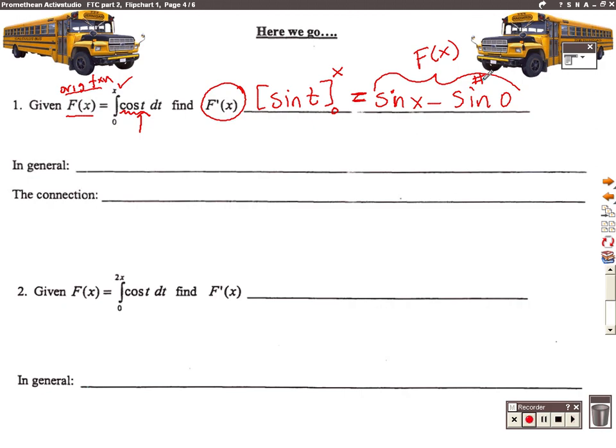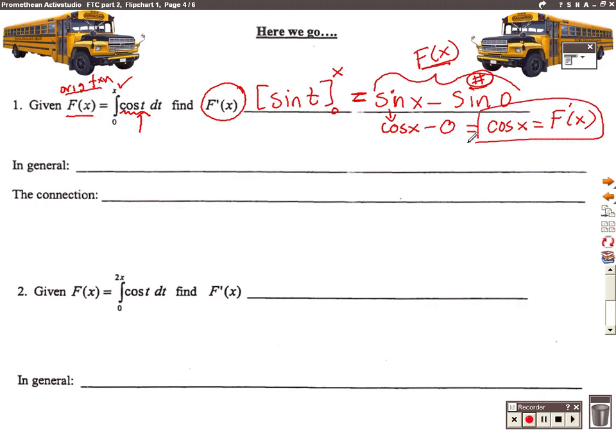All right, so if this is F of x, I want to find the derivative. The derivative of sine of x is cosine of x, and the derivative of a number, any number, 0 or any number, is 0. So F prime of x is cosine of x.